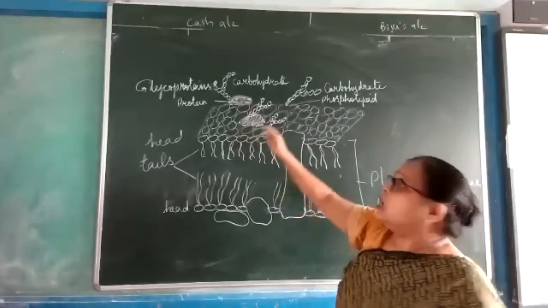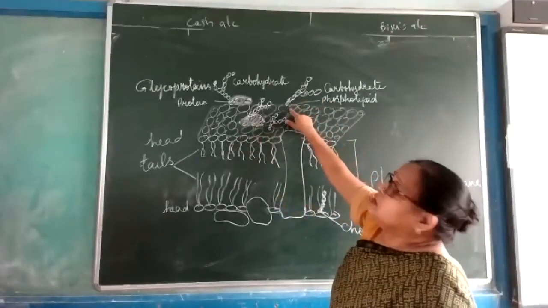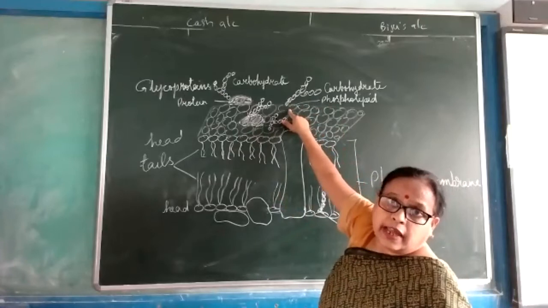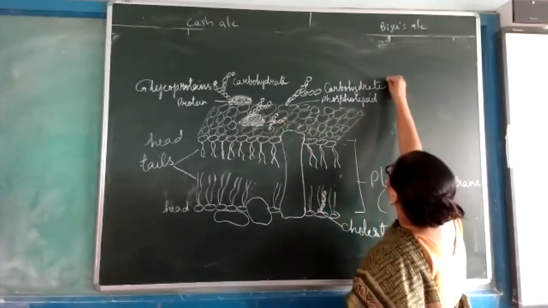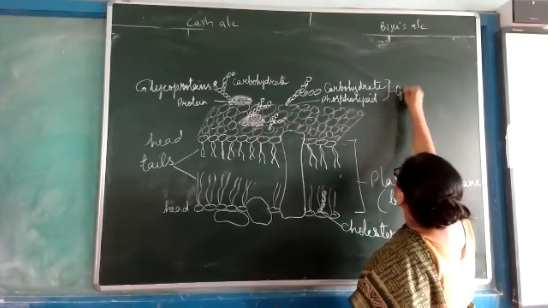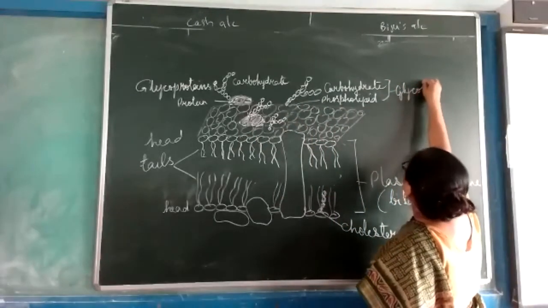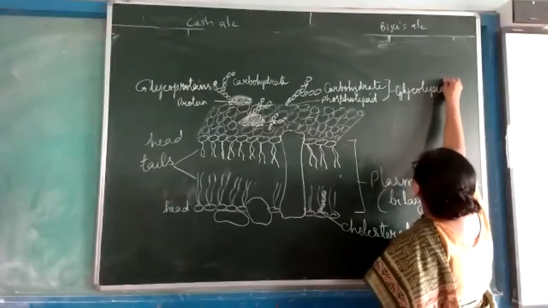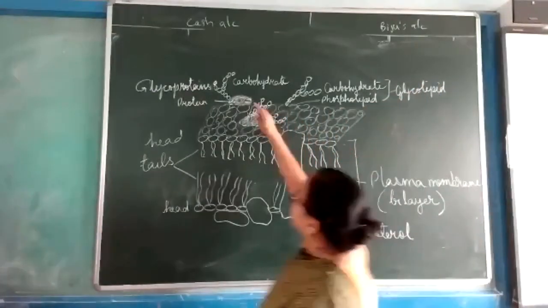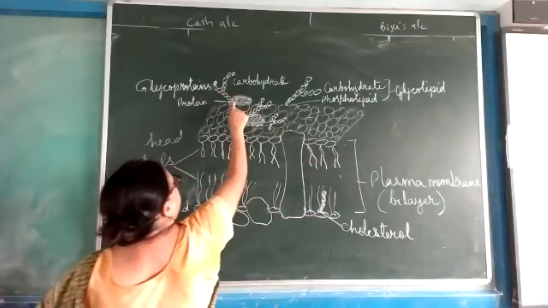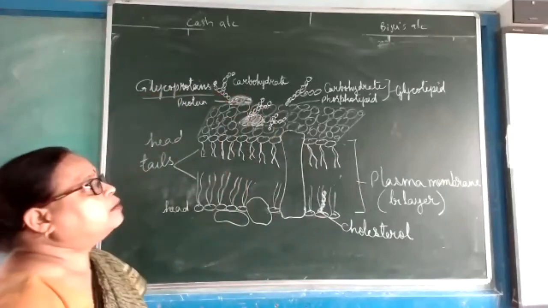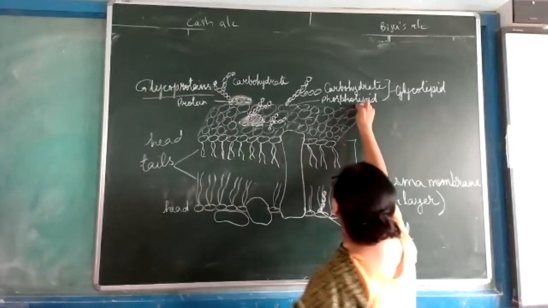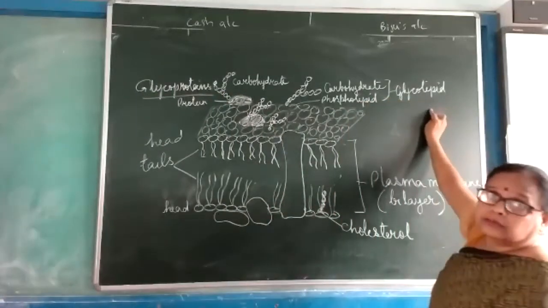So when the carbohydrate is attached to phospholipid head, it is called glycolipid. What is this? Carbohydrate attached to protein, glycoprotein. Carbohydrate attached to phospholipid, glycolipid.